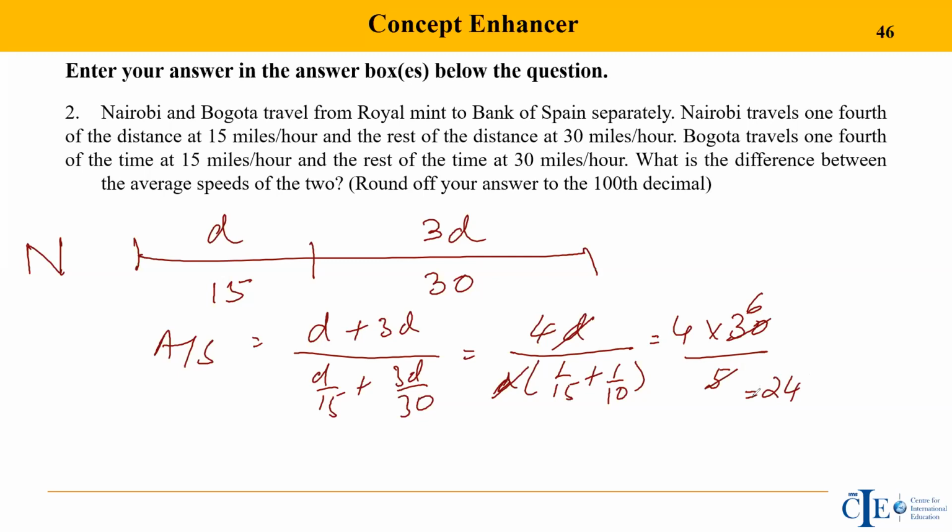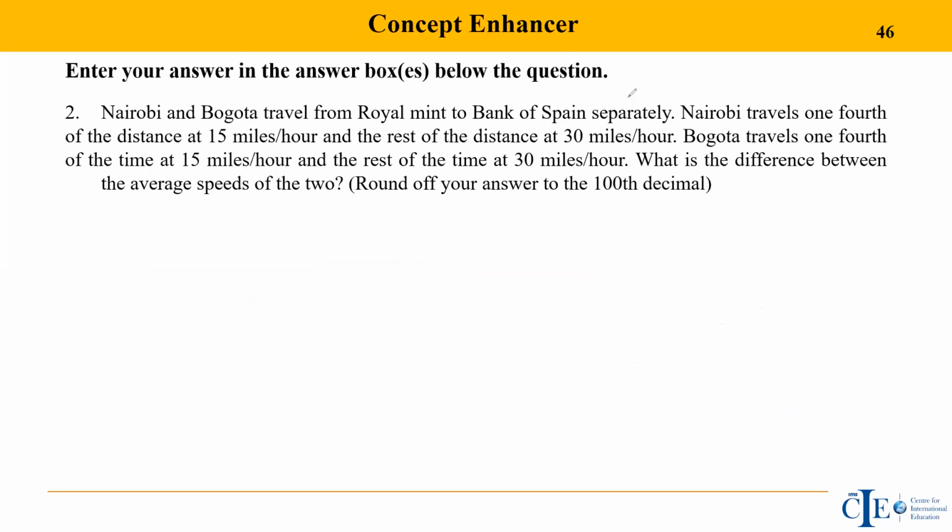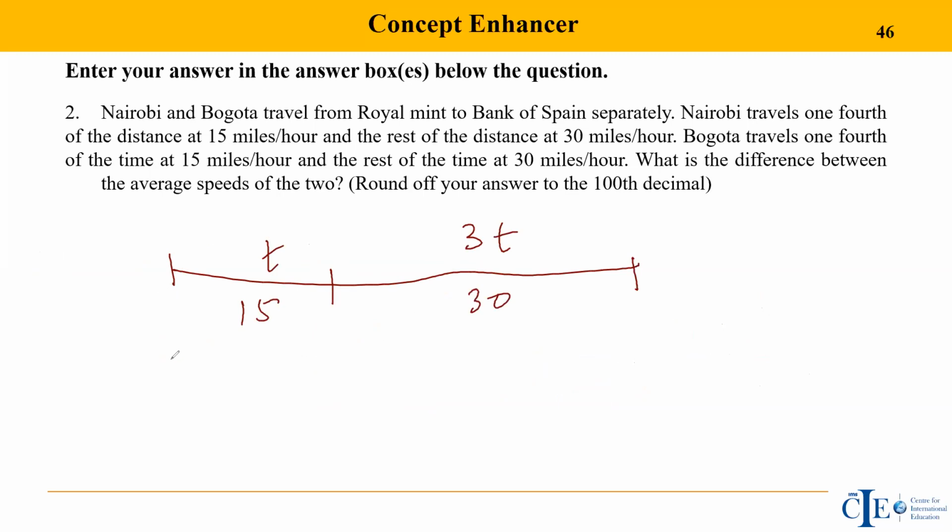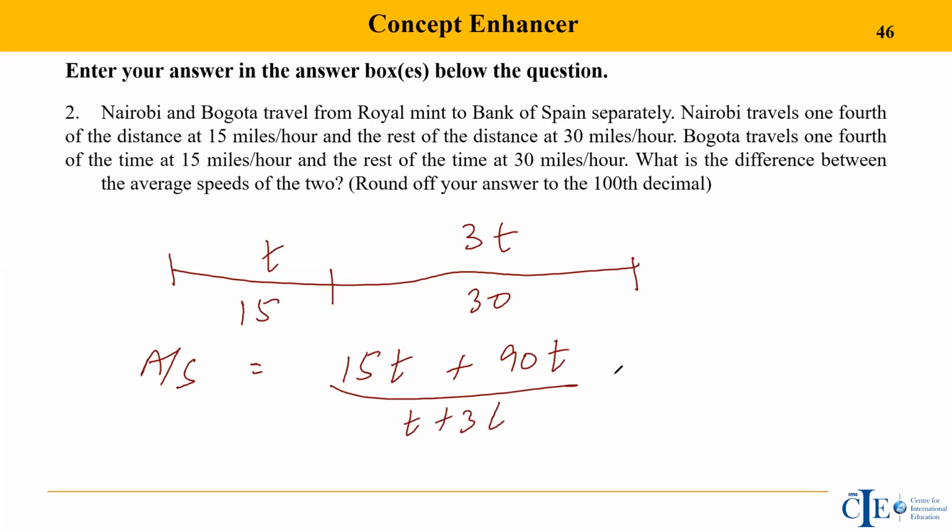Now, it's the same thing that we need to do for the other guy, Bogota. For him, it's one fourth of the time and three fourth of the time, which is t and 3t at 15 and 30. Then his average speed is the total distance, speed into time, 15t plus 30 into 3t, that is 90t, the whole divided by t plus 3t, which is 4t.